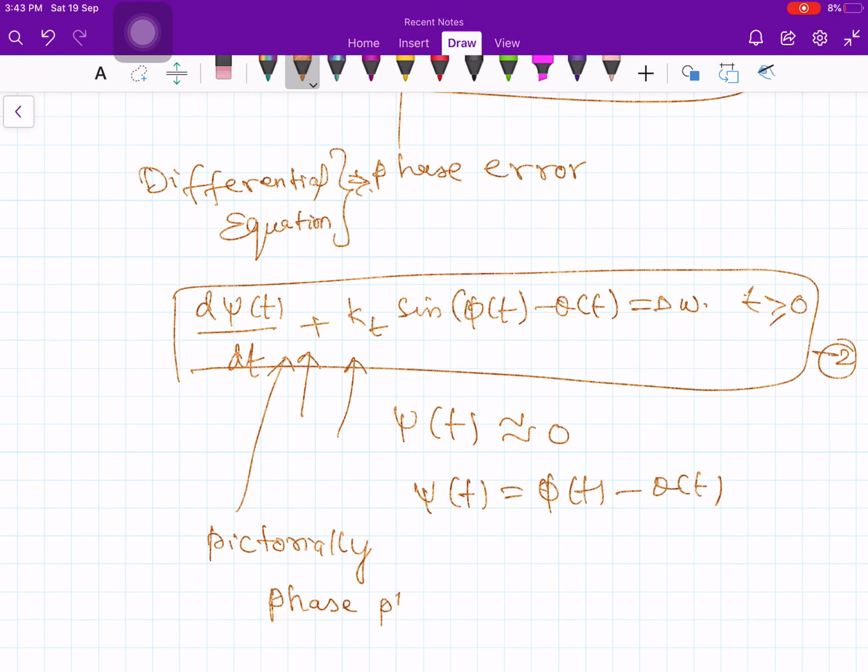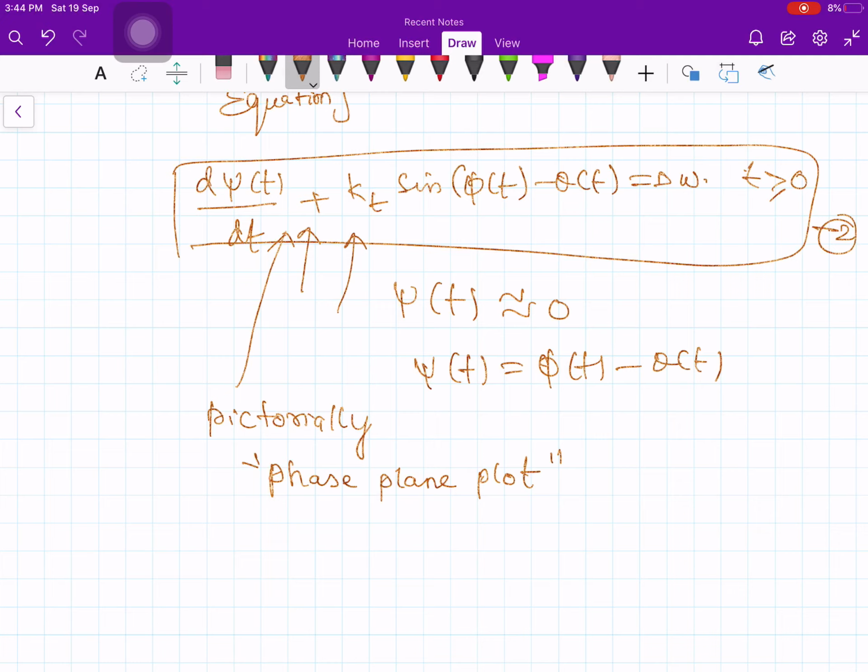When you come across an equation like this, some kind of non-linear equation, then straight away finding its solution is difficult. So in that case we will draw the behavior of this non-linear equation pictorially in a diagram called a phase plane plot. That we will discuss in the next lecture. So let me stop at this point. Thank you very much.